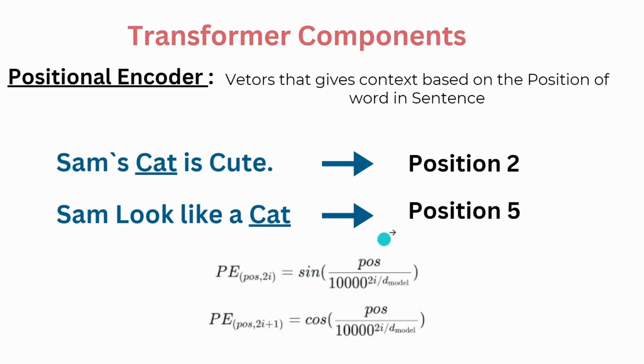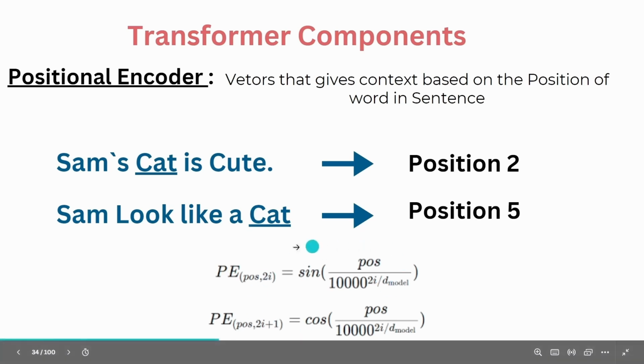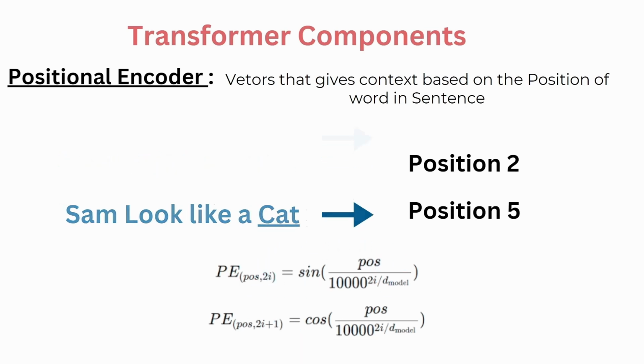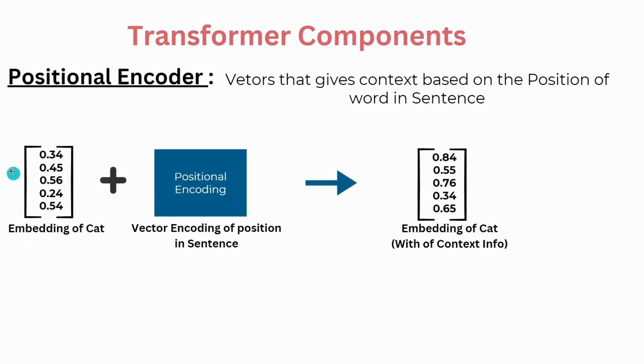This is the formula used to calculate the positional encoding. First we convert the text into embeddings, then we apply the positional encoding, which captures the position of each word with respect to other words in the sentence. Then we combine both, the embedding of the word and the position of the word, creating a final vector of that text.